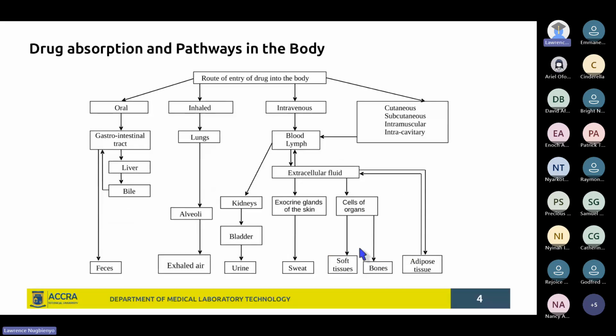Now we take the process of absorption. So this is what we are doing. I said we are taking mainly pharmacokinetics today. So what we'll do is we take absorption, and then when we finish, we'll take distribution. Then we move on to the metabolism, which is the biotransformation of the drug.